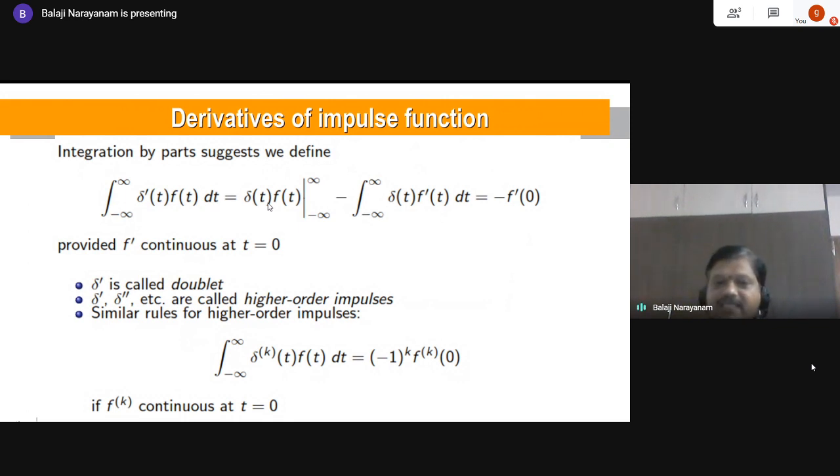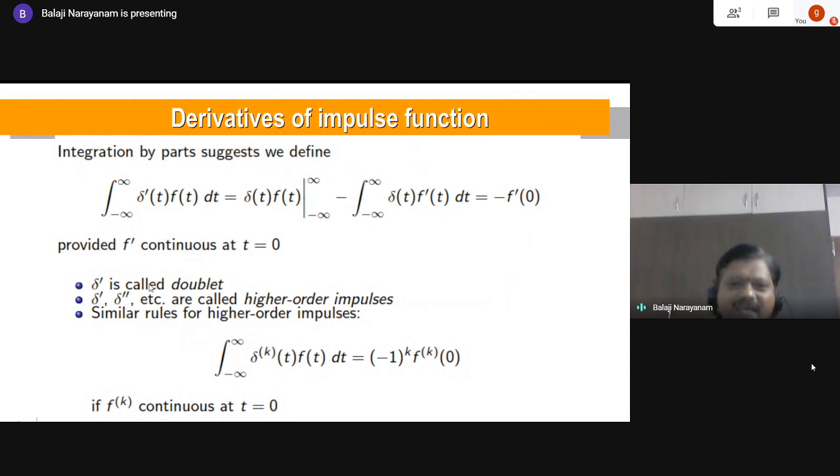So in this case, we can take u as f of t, and in place of v we have del dash t. So integral del dash t dt will result in del of t.